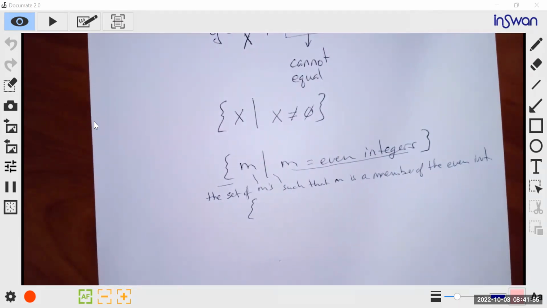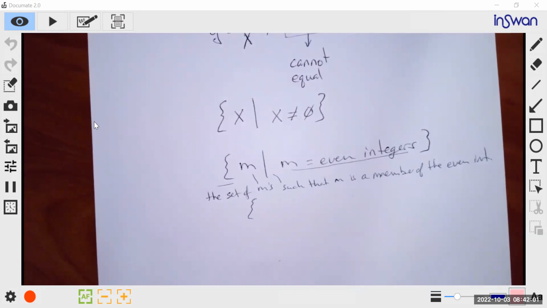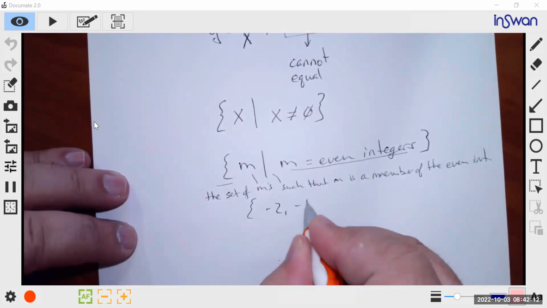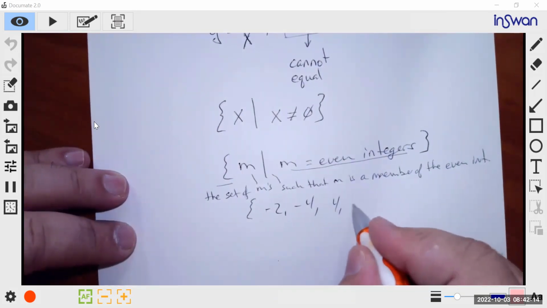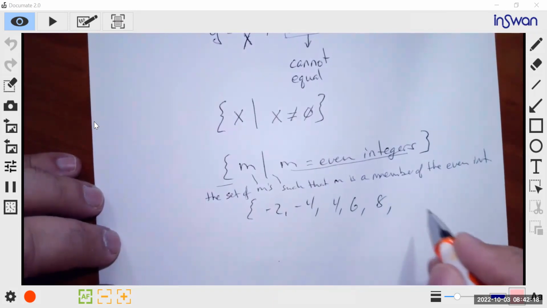But mathematics is a language. That's symbolic language. The set of m such that m are even integers. So what are some examples of even integers? What's missing?